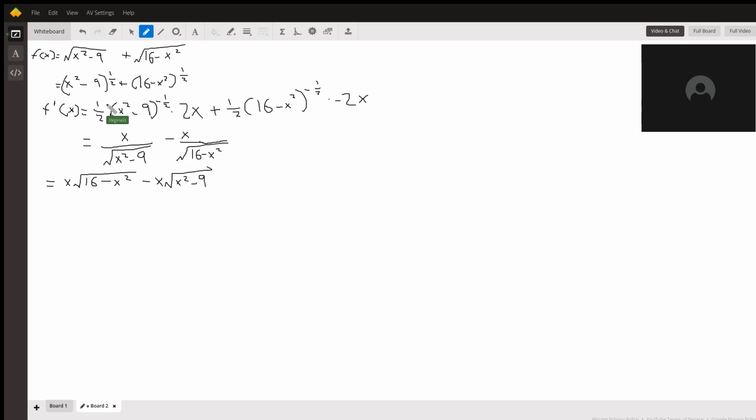So now remember, we set f prime of x equal to 0, right? To find mins and maxes. So I'm going to put equals 0, and even this part down here.